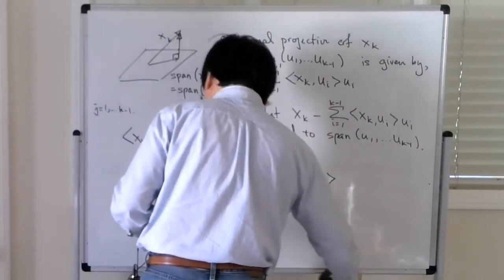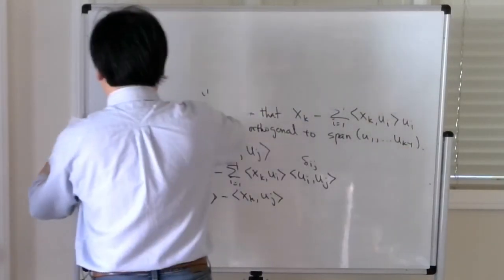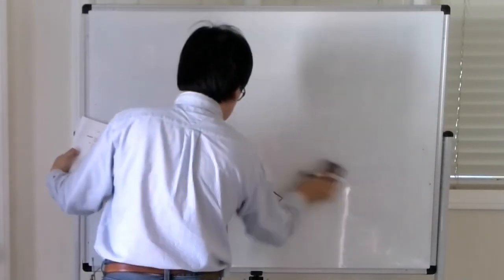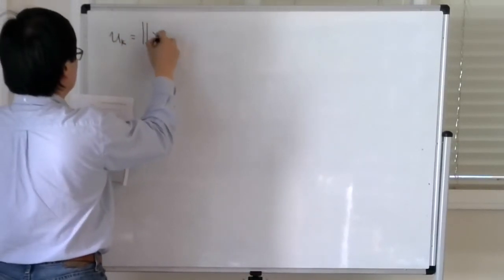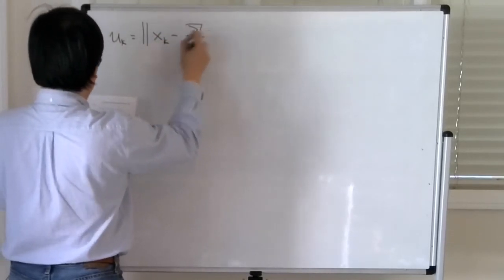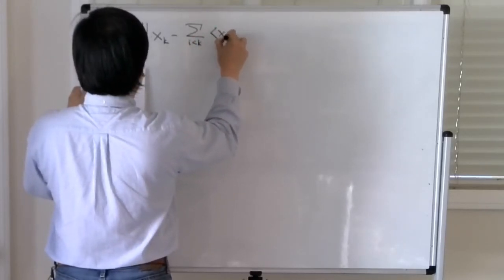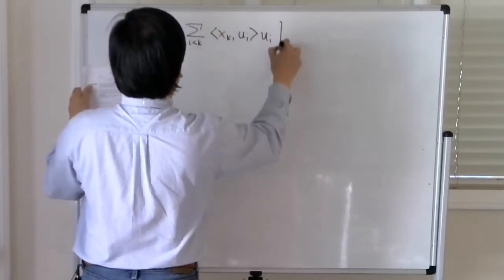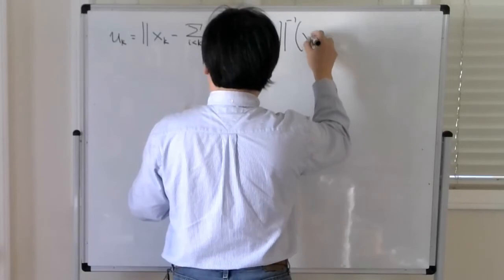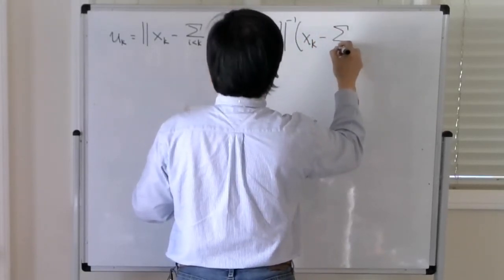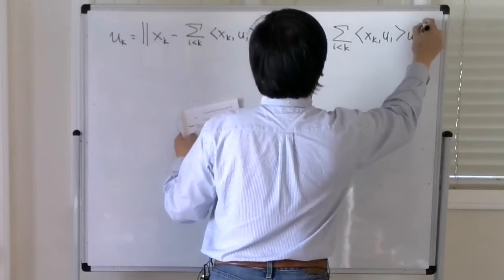So you can write that down as follows: uk is equal to the reciprocal of the norm of xk minus the sum for i less than k of the inner product of xk with ui, times ui, multiplied by the vector xk minus that sum.